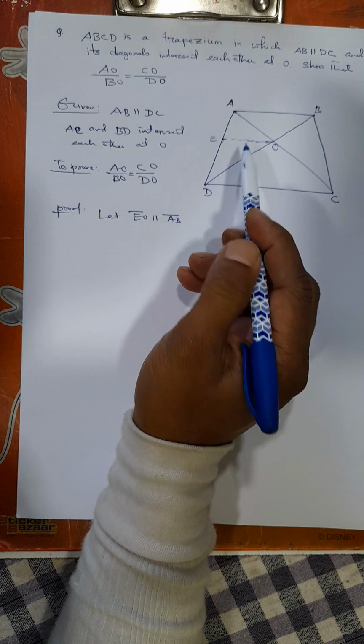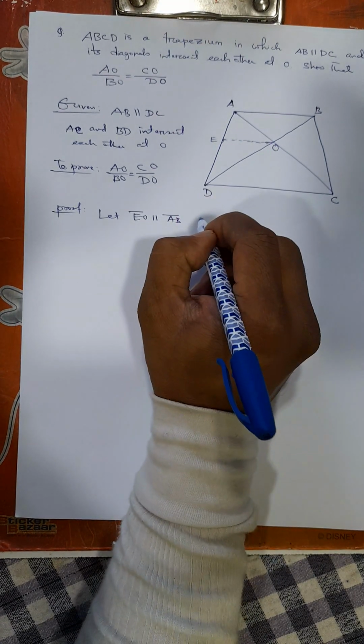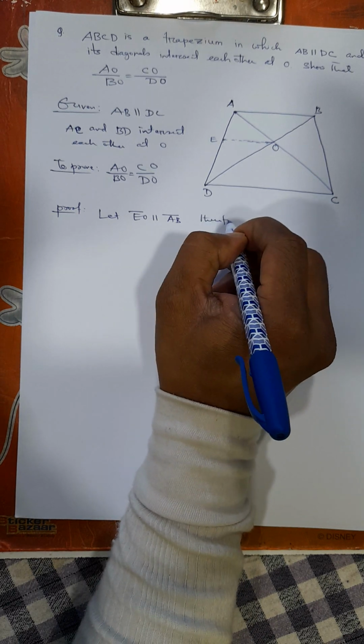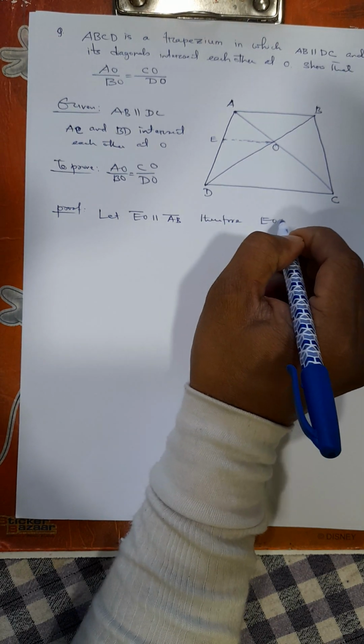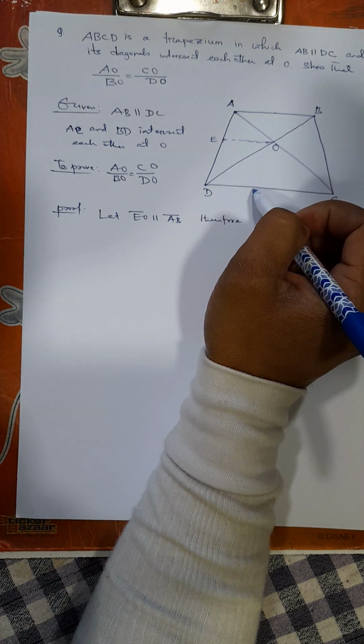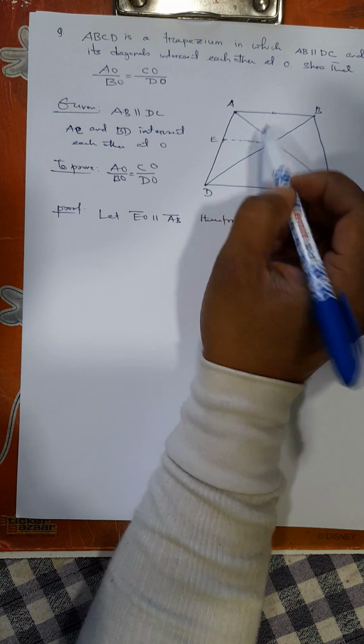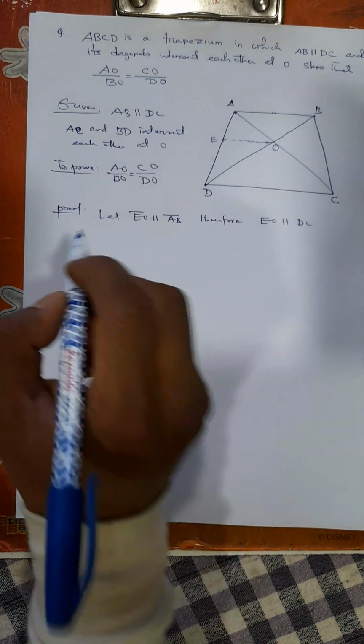Now since EO is parallel to AB, that means EO is parallel to DC also. Since AB and CD are parallel, if EO is parallel to AB, then EO is also parallel to DC.